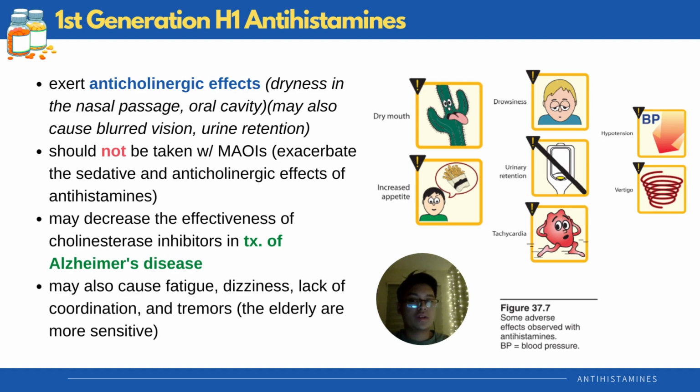In addition, the first generation antihistamines with anticholinergic antimuscarinic actions may decrease the effectiveness of cholinesterase inhibitors such as donepezil, rivastigmine, and galantamine in the treatment of Alzheimer's disease.